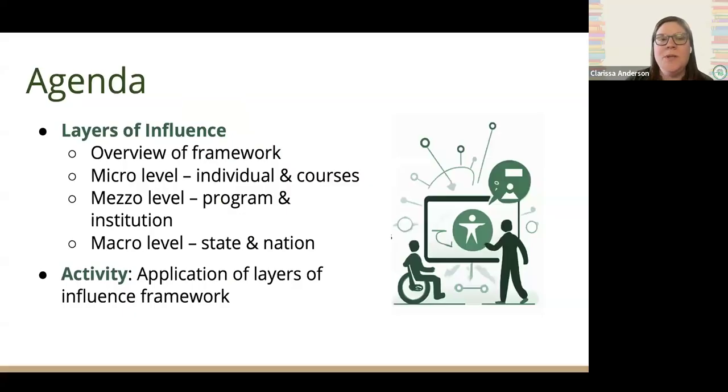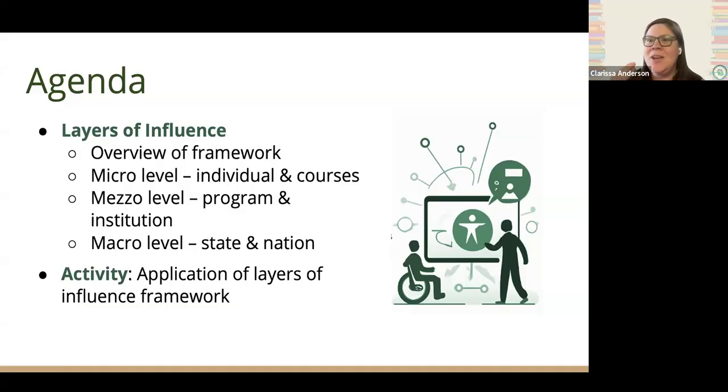In this session, we'll be talking about a framework in terms of layers of influence. How can we influence ourselves in terms of our knowledge of accessibility, the courses that we're either involved in or work with, the programs that we're involved in at our institution, and also our state and nation as well.